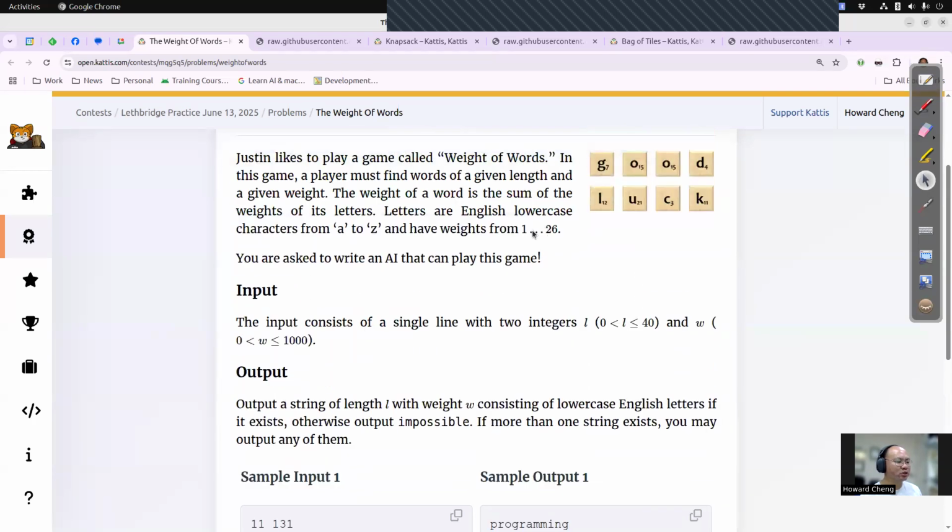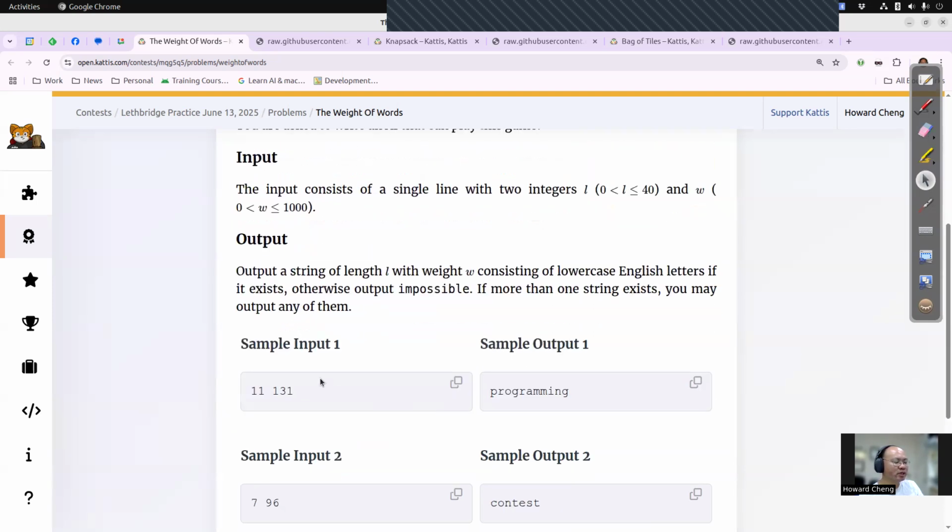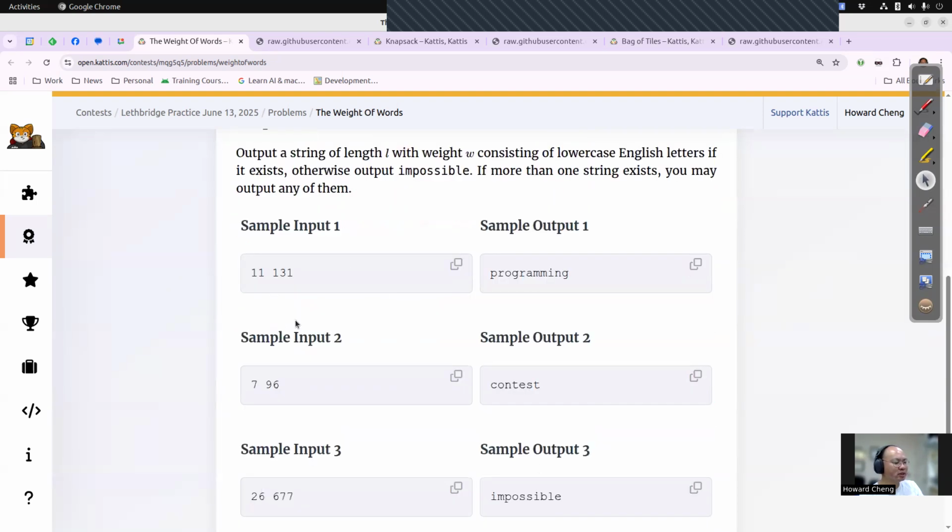Each character that I choose has weight 1 to 26, depending on which letter you have. You want to choose exactly L letters so that it sums up to exactly the W that they give you, if possible. And if it's possible, print any string that satisfies this, otherwise say impossible.